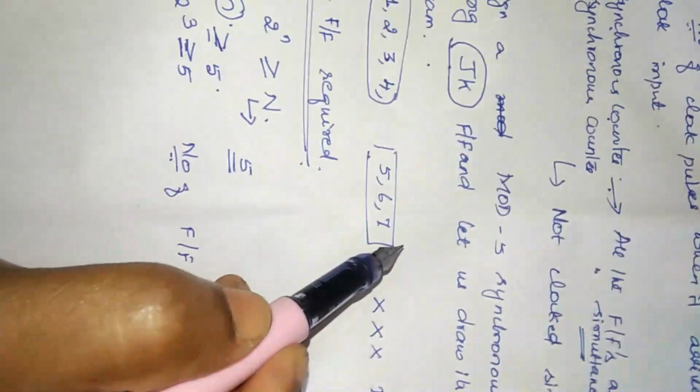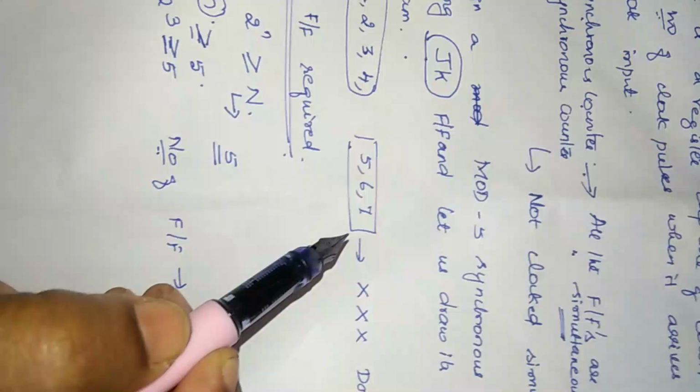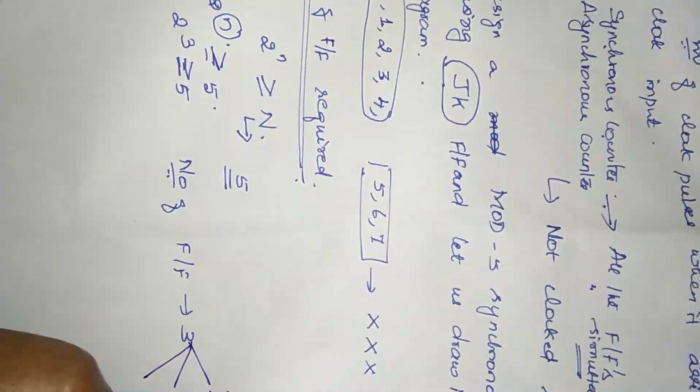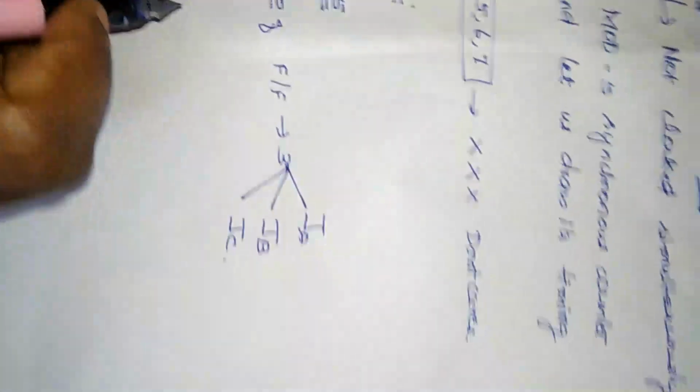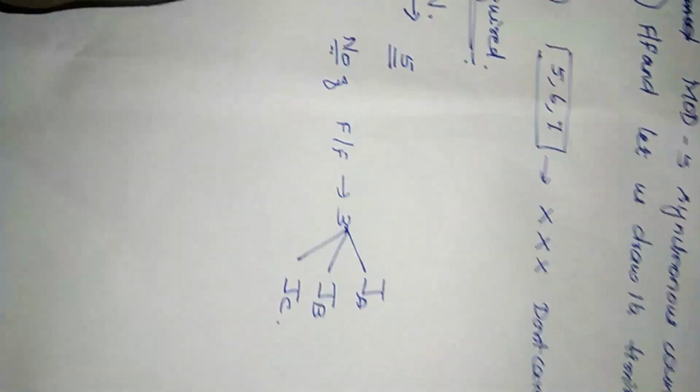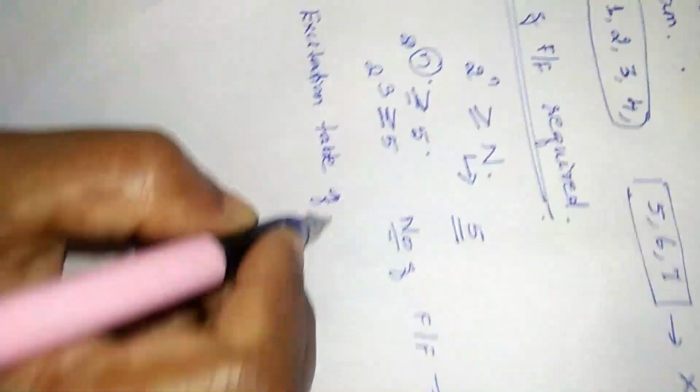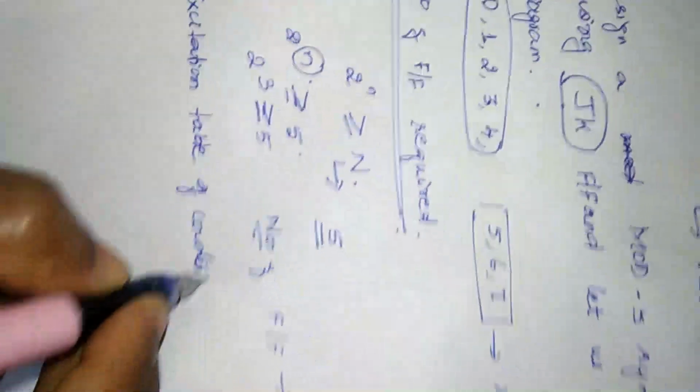Since they have already told us JK flip-flop can be used, these 3 flip-flops will be named A, B and C, with inputs JA, JB and JC. The next step is to decide the excitation table of the counter, which is very important.